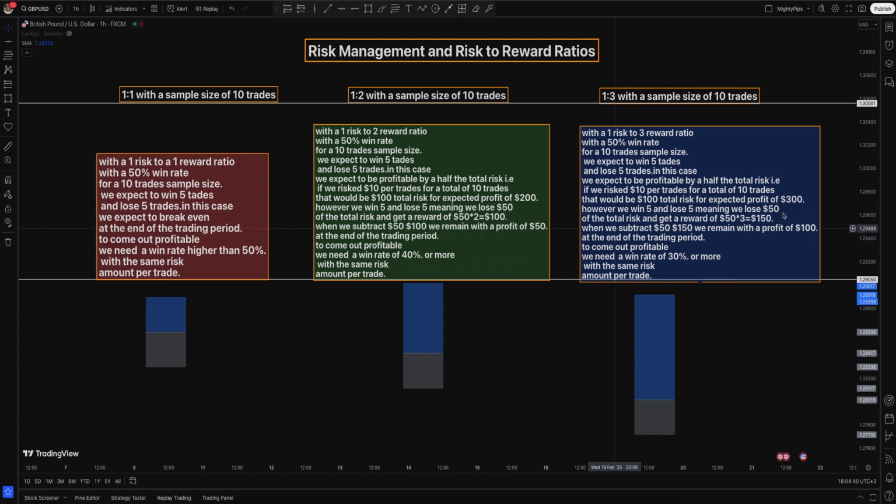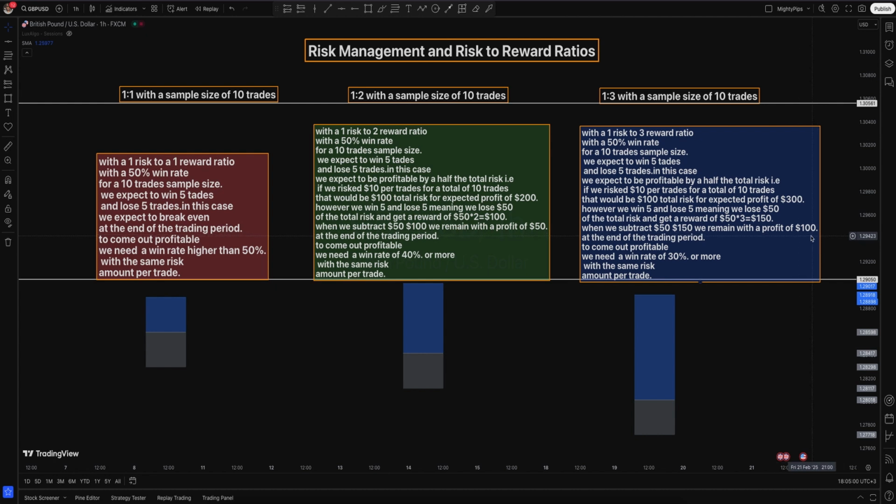Okay, so out of the $50 you've lost, you get a reward of 3 times that risk, which is $50 times 3, which is $150. Now you get this $150. Okay, you subtract the $50 that you have lost. What do you remain with?